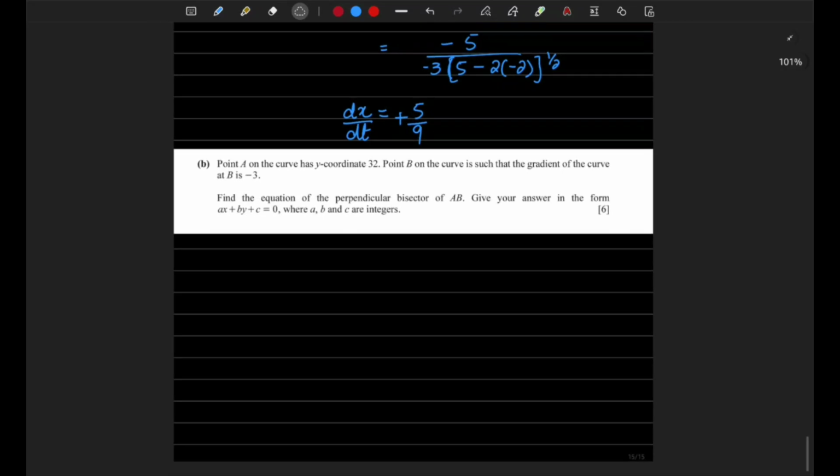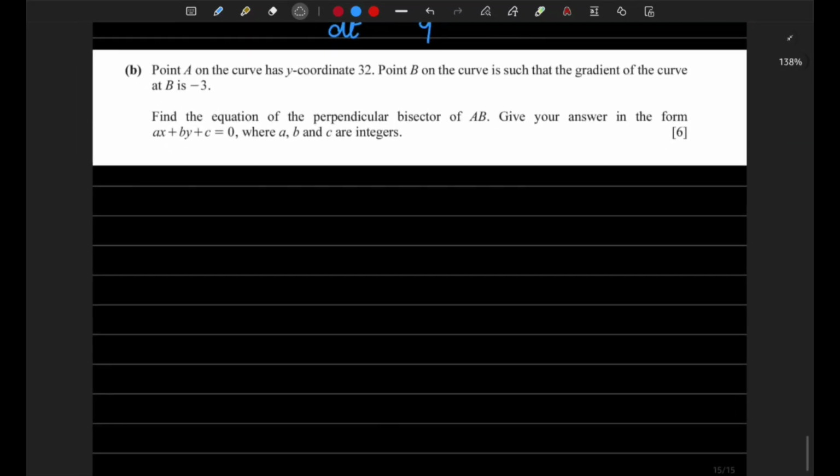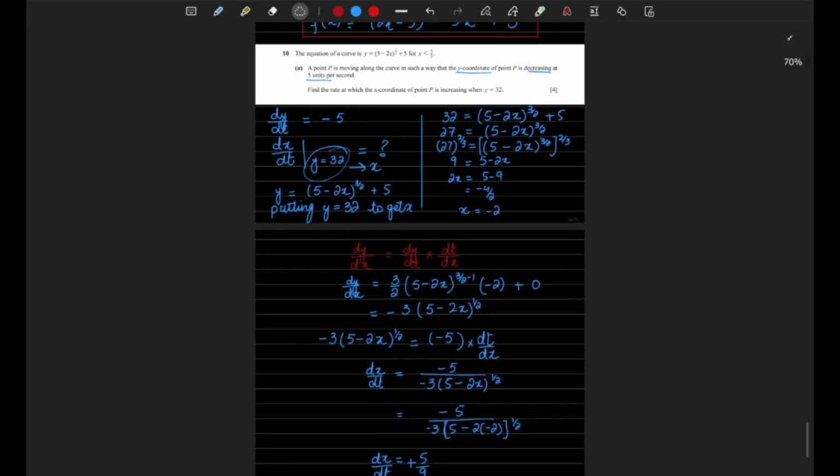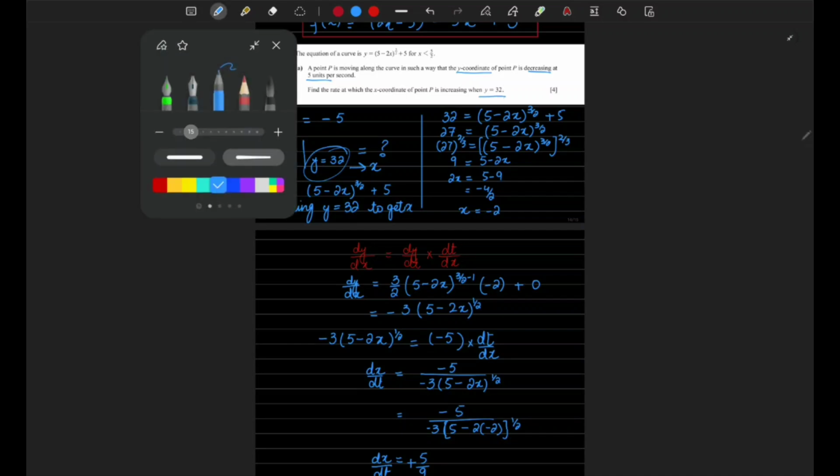Okay, so part B says point A on the curve has y coordinate 32. Point B on the curve is such that the gradient of the curve at B is minus 3. Find the equation of the perpendicular bisector of AB. Give your answer in the form. Okay, you had a curve whose equation was this, and we found a point on this curve whose y coordinate was 32.